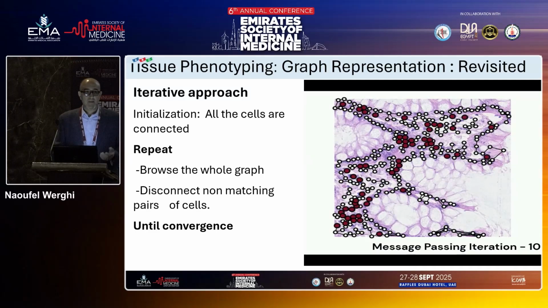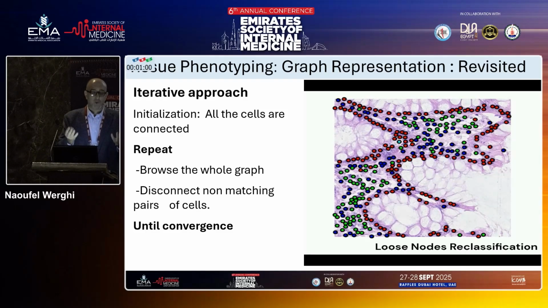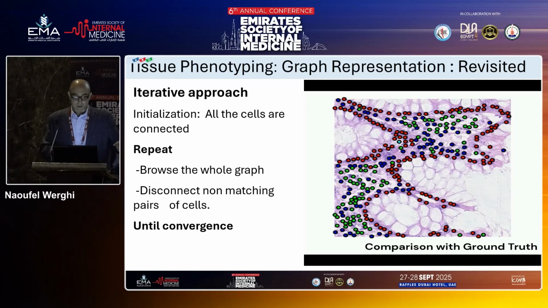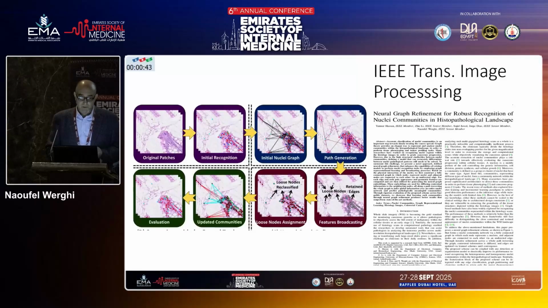But what's new here is that at the very beginning, we assume that all the cells are connected, so they belong to the same category, if you wish. Then we repeat, browsing the whole graph, the whole landscape, and each time we check whether each pair of cells is indeed correct or not. Then we iterate, and we show that this gives very good results because this is a kind of enhancement, and we published this in the image processing journals.